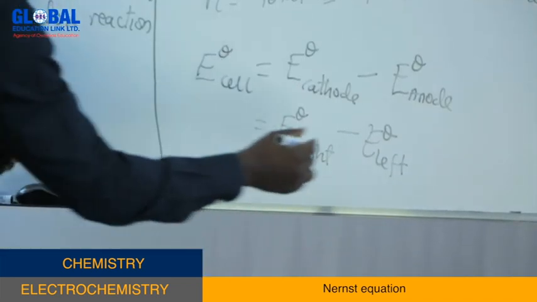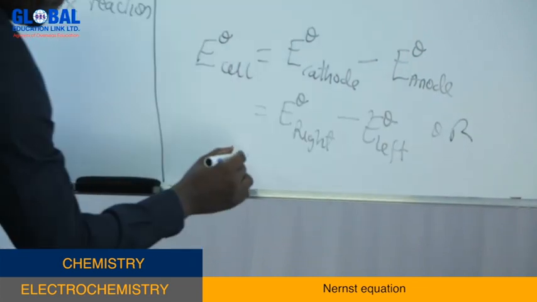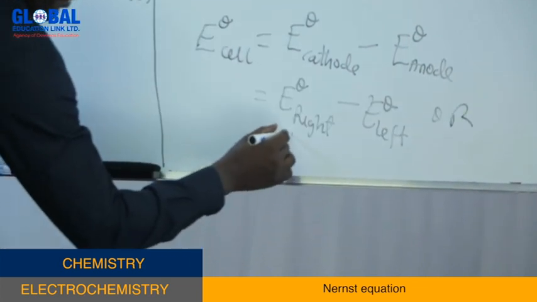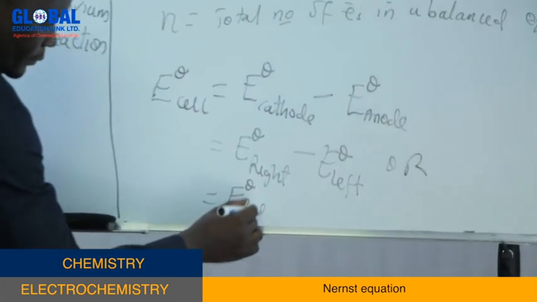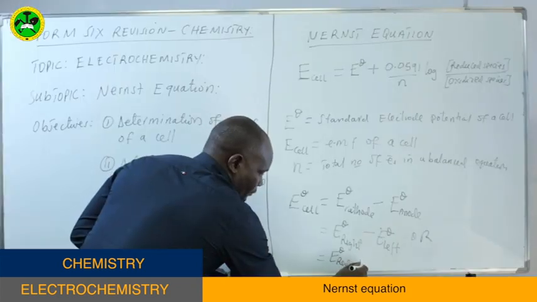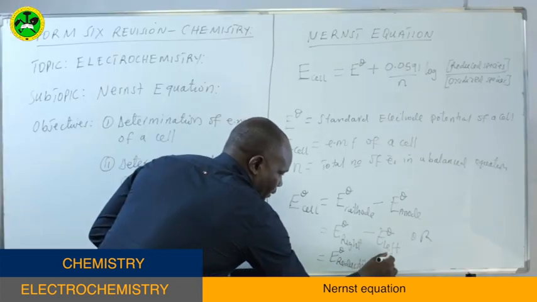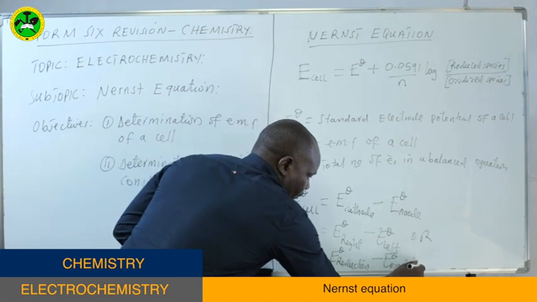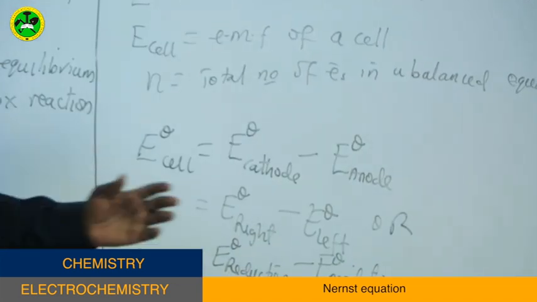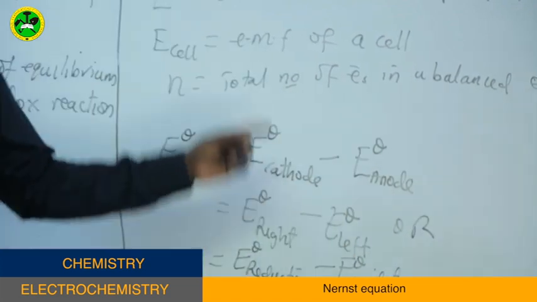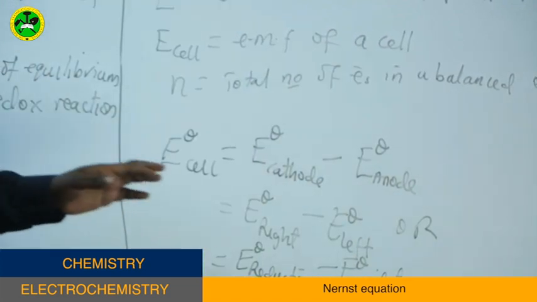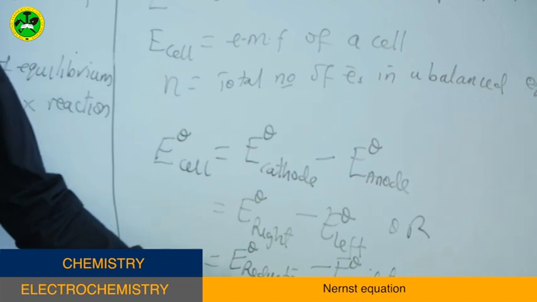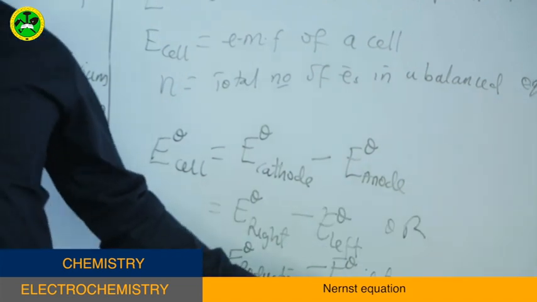So you can write this equation as E reduction minus E oxidation. Now, if you are given the electrode potentials, how can you determine the species that will undergo reduction and the species that will undergo oxidation?